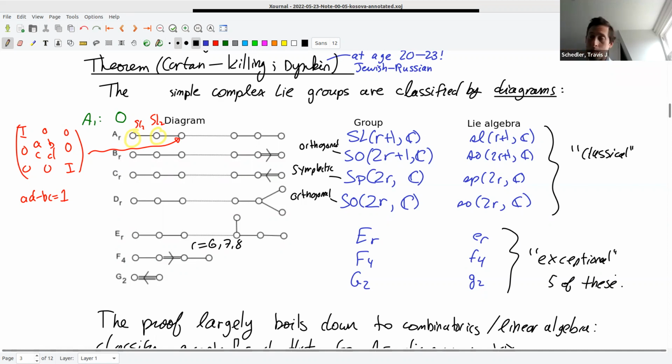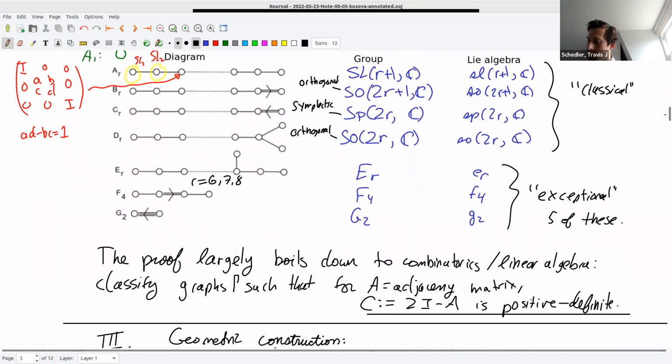So in general mathematics, when you have some big class of examples, those are like the main ones or the standard ones, the classical ones, and then the remaining examples are called exceptional if you have finitely many that behave differently. So the proof of this classification largely boils down to combinatorics and linear algebra. And basically what you're doing here is classifying graphs that have a certain property.